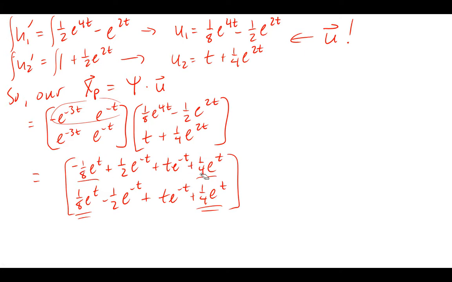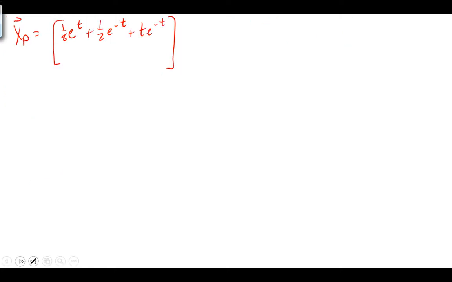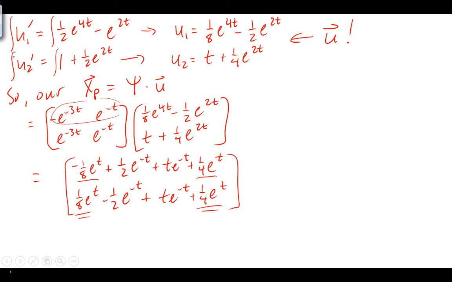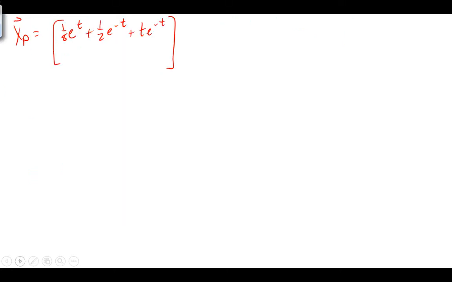That's 1/8 e to the t, and then I think I just copied those down. 1/2 e to the negative t and t e to the negative t, yeah, okay, good. All right, and then similarly in the bottom, I think I end up with 3/8 e to the t minus 1/2 e to the negative t, and then that piece is the same. All right, so a little bit of simplifying gets us there.